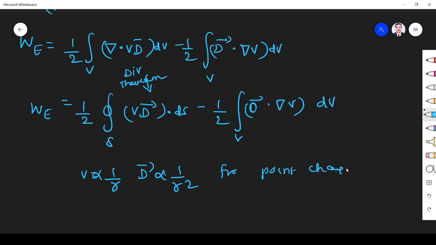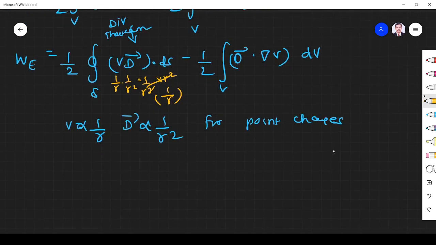Similarly, here you see this is 1 by R, this is 1 by R square. That means 1 by R cube. This is decaying at the rate of 1 by R cube. Surface area is R squared. So the total function decays at the rate of 1 by R, right?